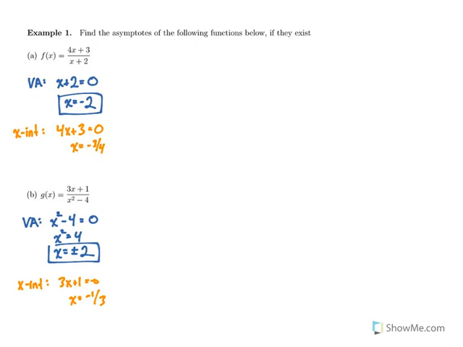To find horizontal asymptotes, we look at the degree of the top and the bottom separately. For the first one, the degree on the top is 1, and the degree on the bottom is 1. So the horizontal asymptote is going to be y equals the ratio of the leading coefficients, 4/1, or y equals 4.